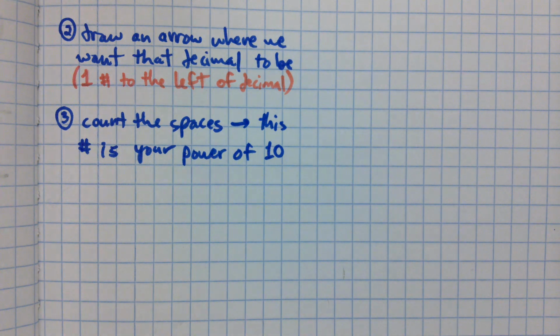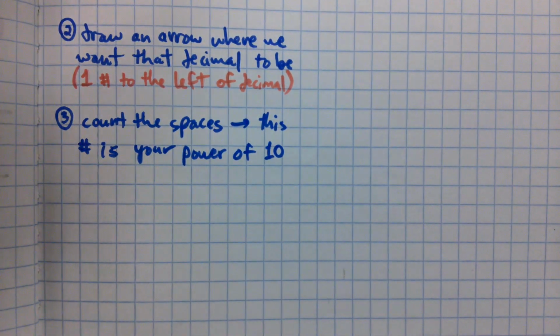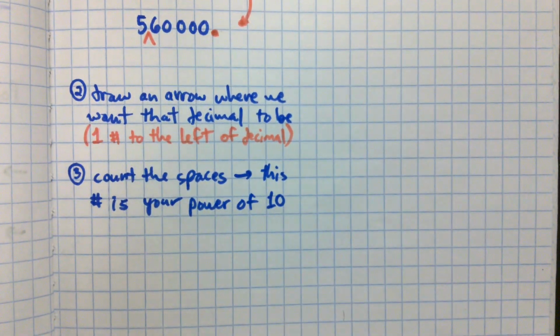But our base is always going to be 10, if we remember. I'll let you guys finish writing that down, and then we'll actually do it and see what we get.